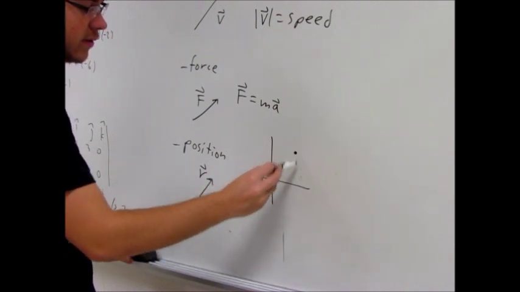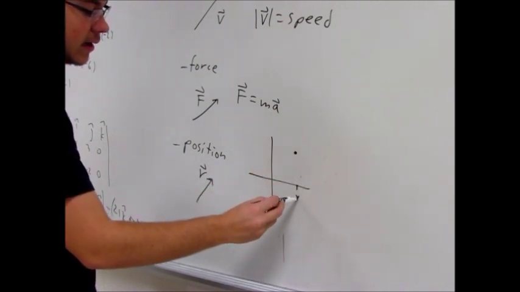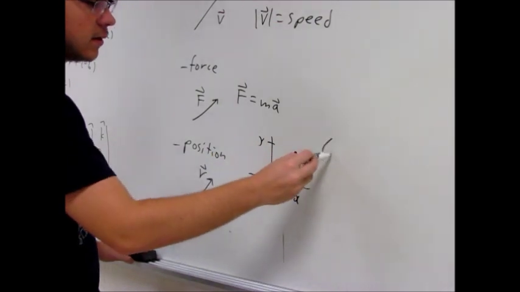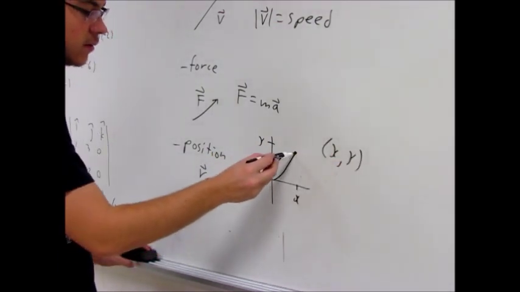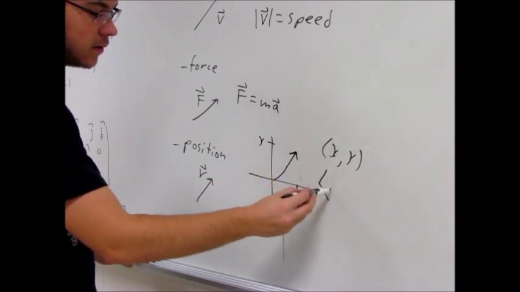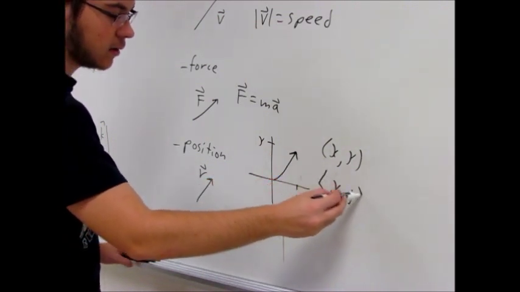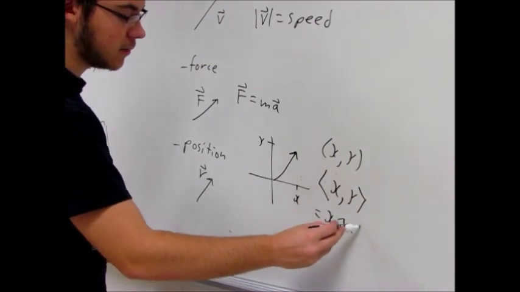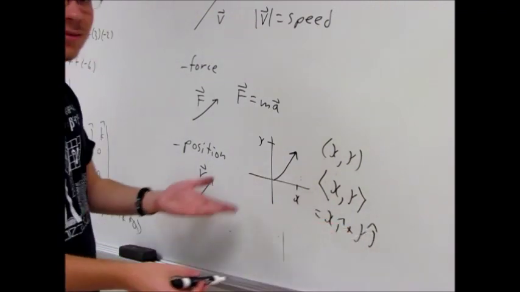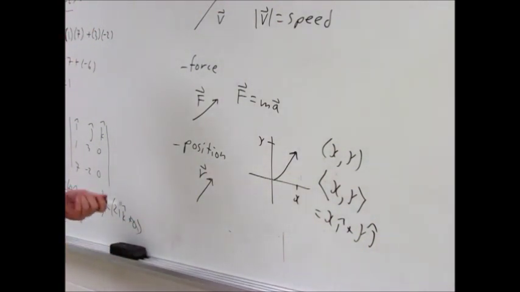So if there's a point over here, (x, y), you can say this corresponds to the vector (x, y), or xi plus yj, whichever way. They're all equivalent ways, really.